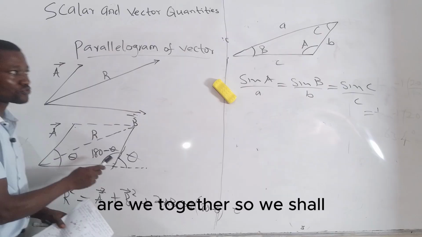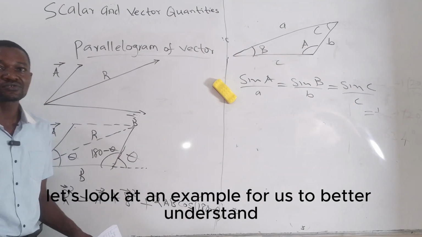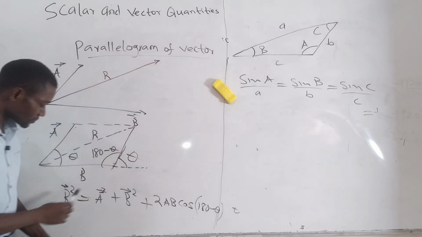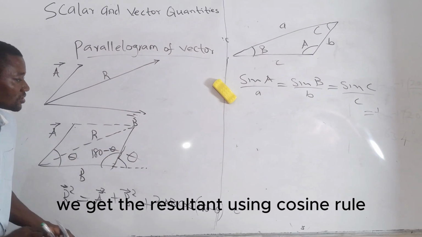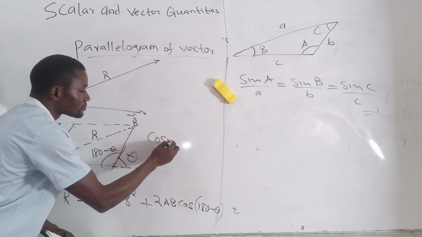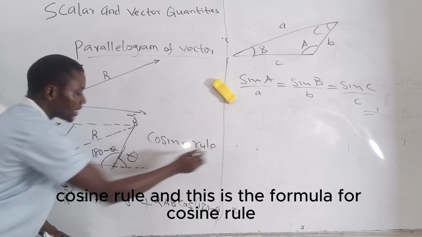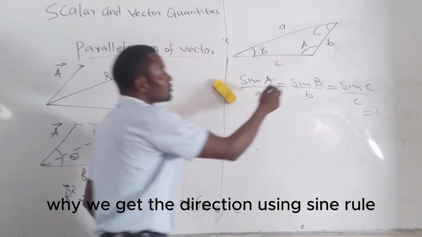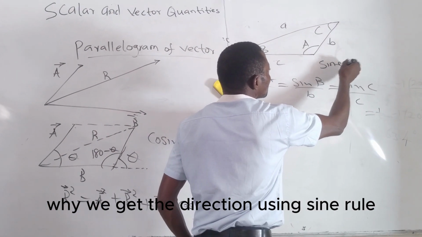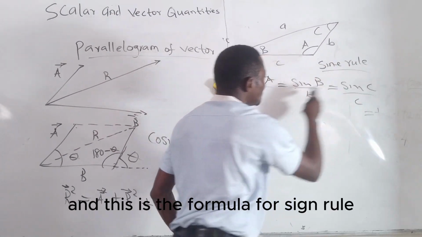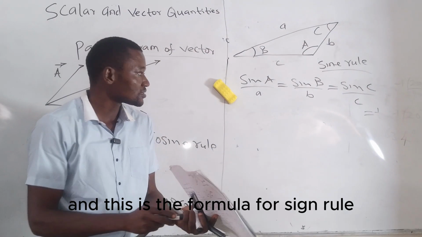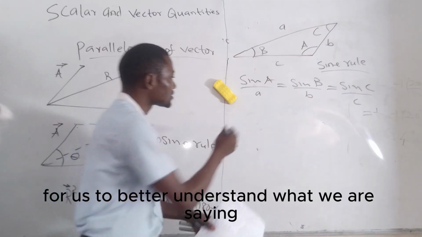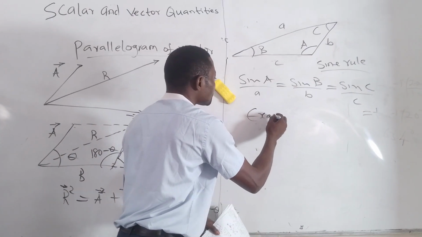Are we together? So let's look at an example for us to better understand. In the parallelogram law, we get the resultant using the cosine rule, and this is the formula for the cosine rule, while we get the direction using the sine rule, and this is the formula for the sine rule.